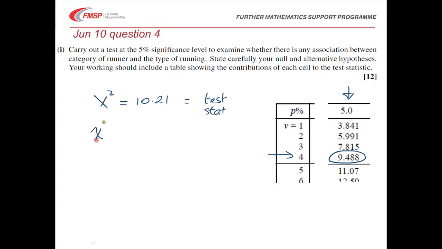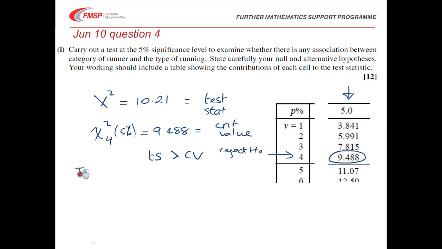And we've also got chi-squared with 4 degrees of freedom at 5% is equal to 9.488, and that is your critical value. We can see here that your test statistic is greater than your critical value. So like we did with the hypothesis testing and all the other bits and bobs we've done, this statement leads us to reject H0. So we're going to reject H0 in this particular case.